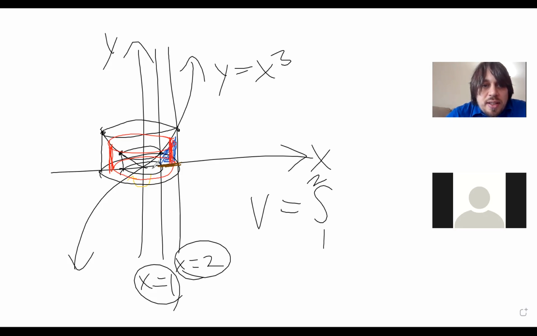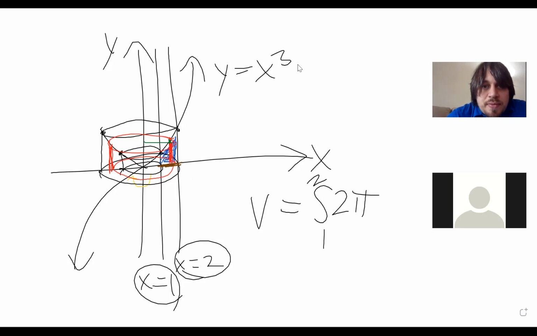Then the formula for cylindrical shells is 2 pi, and now r is the x coordinate, because the radius of the cylindrical shell is how far away it is. If you look at the radius of each of these circles that make up the cylindrical shell, the radius is the x coordinate of the point you have on the curve y equals x cubed.